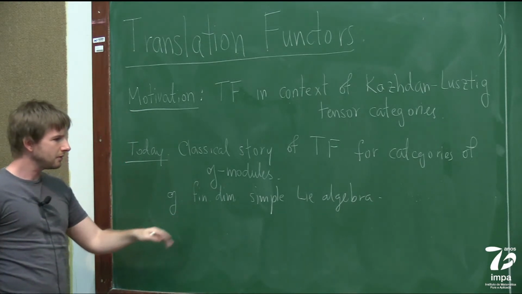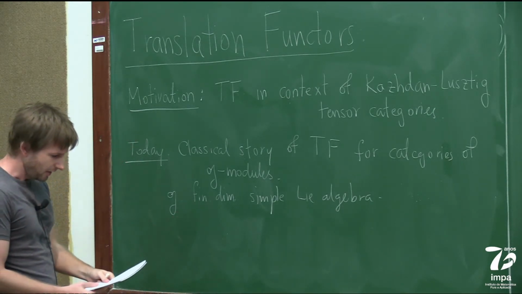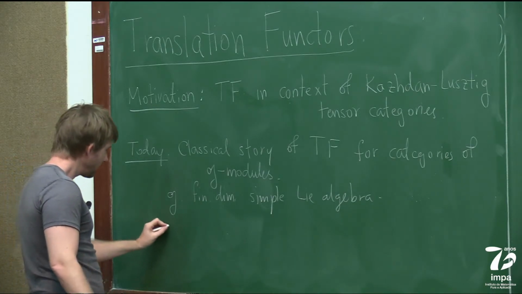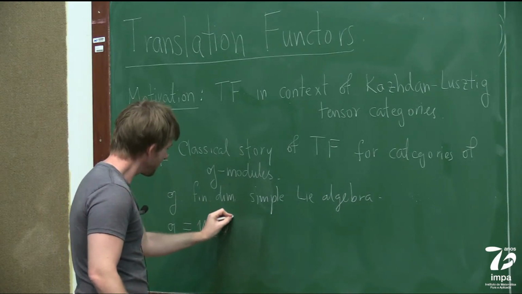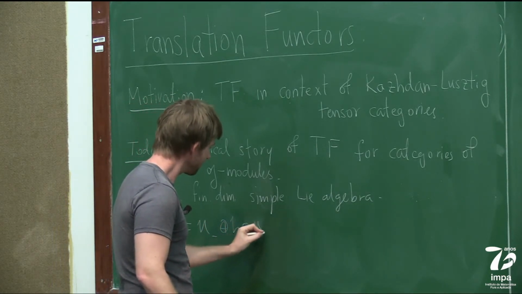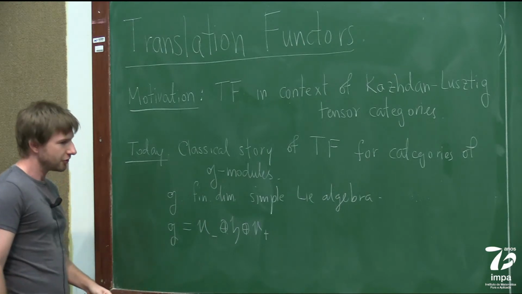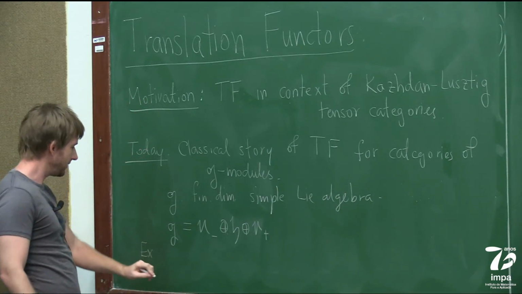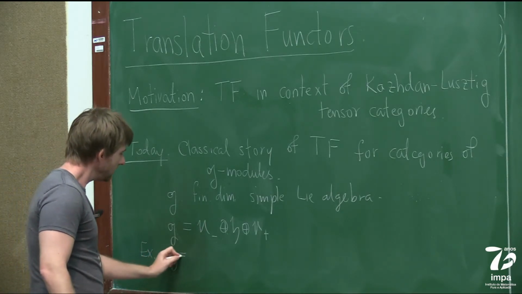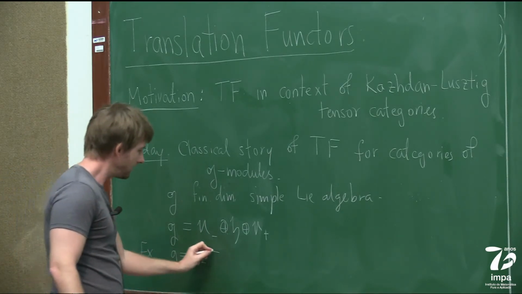So G is a finite dimensional simple Lie algebra. And so as usual, there's a triangular decomposition, which I'll write like this. So for example, G is SL2.